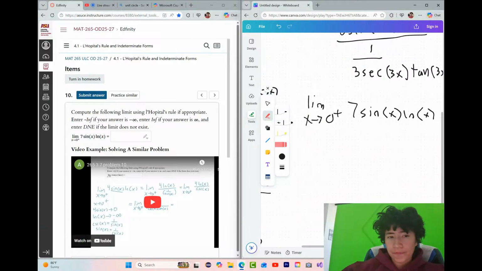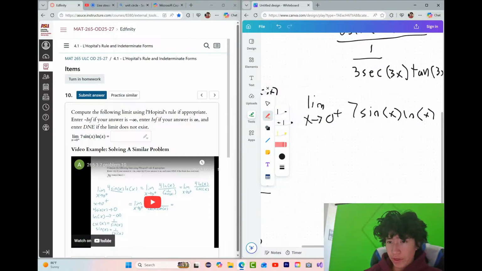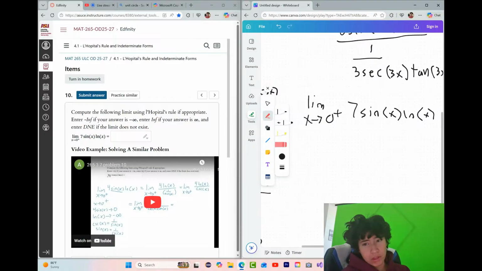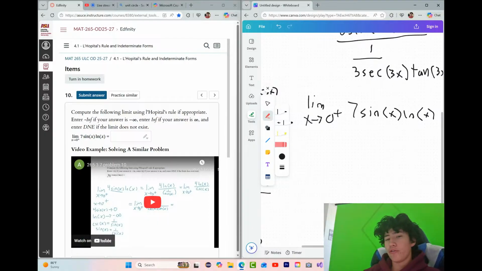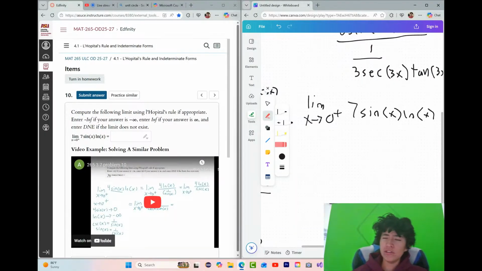Okay, so let's see if we get an indeterminate form or not. 7 times sine of 0, which is 0, so that's 0. And then the natural logarithm of x, as x goes to 0, is e to the power of what is 0?